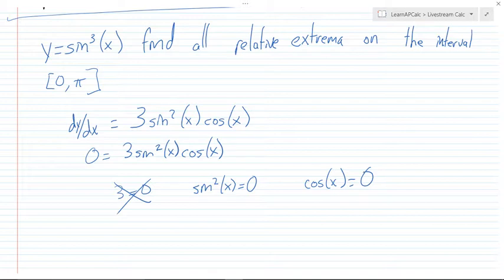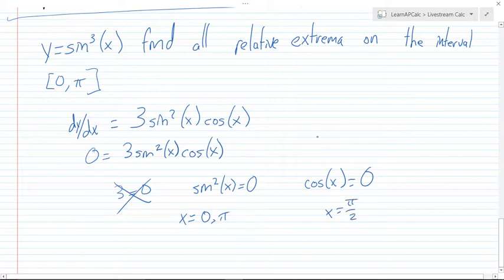Alright, so we want to think about where does sine equal 0 on the interval of 0 to pi? Well, at pi over 2. It also does at 3 pi over 2, but that is not on our interval. Where does cosine equal 0 on our interval? I'm sorry, that's cosine. Sine equals 0 at x equals 0 and pi, and cosine equals 0 at pi over 2.